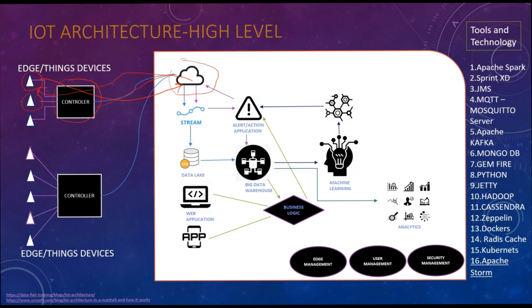On the extreme right hand side, you can see the tools and technologies which we can use in building this architecture. So you can see Apache Spark, Spring XD, JMS, MQTT, Mosquitto servers, Apache Kafka, MongoDB, Gemfire, Python, Jetty, Hadoop, Cassandra DB, Zeppelin, Docker, Redis Cache, Kubernetes and Apache Storm.